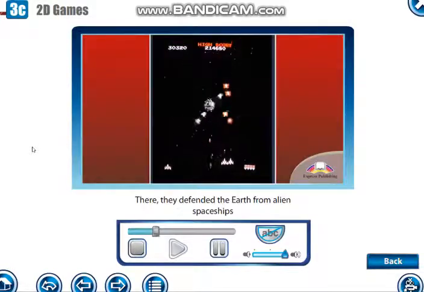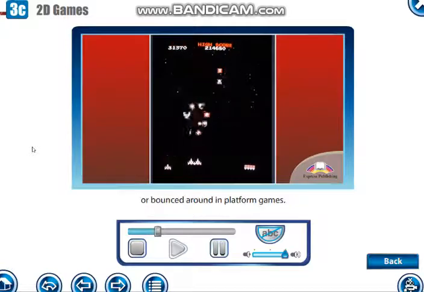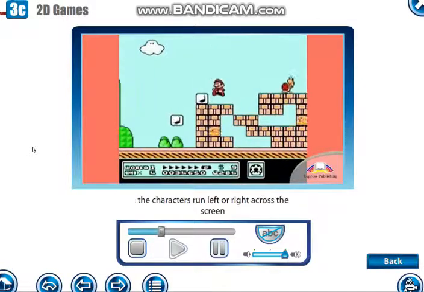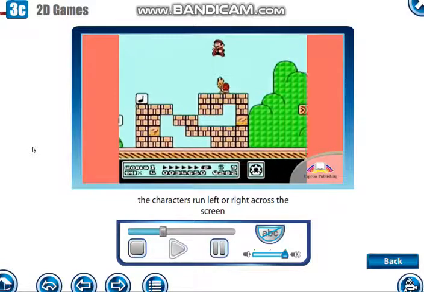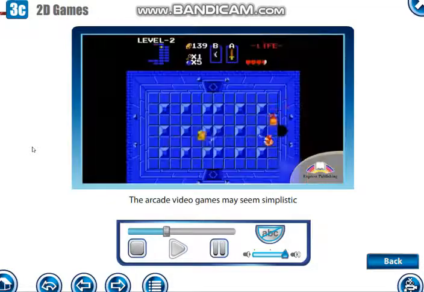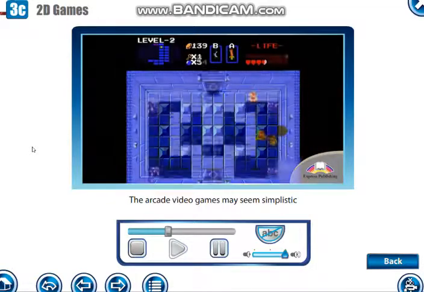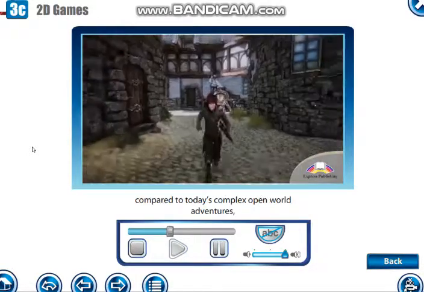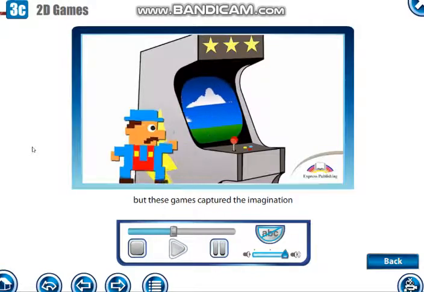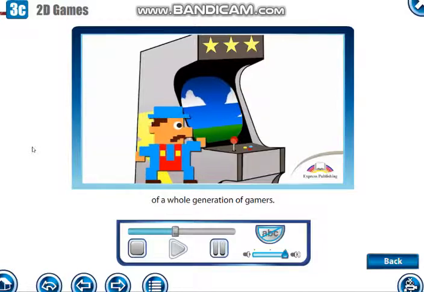There, they defended the Earth from alien spaceships or bounced around in platform games. In these games, the characters run left or right across the screen, leaping from one platform to the next. The arcade video games may seem simplistic compared to today's complex open-world adventures, but these games captured the imagination of a whole generation of gamers.